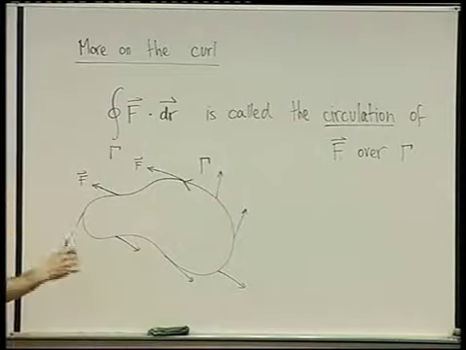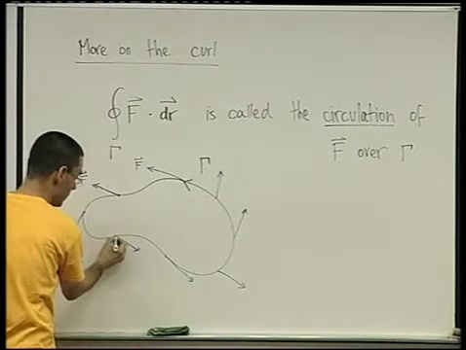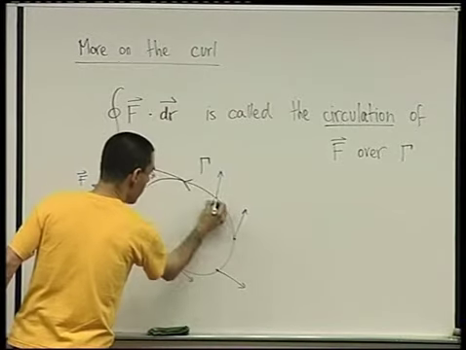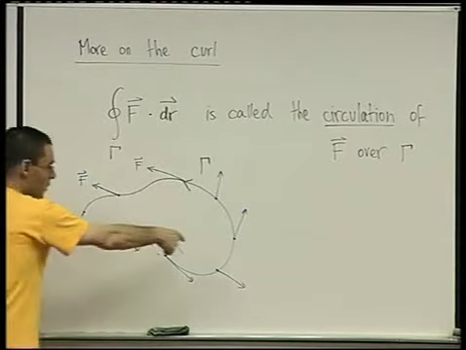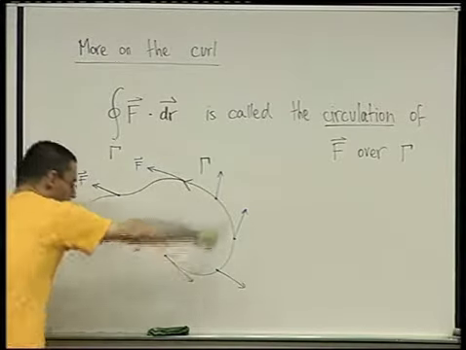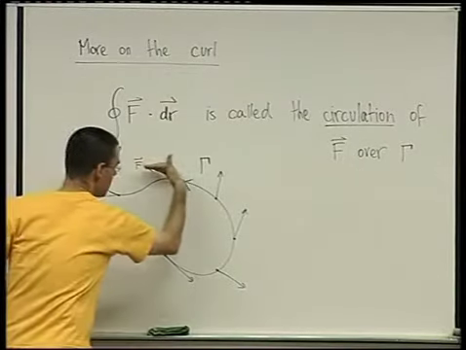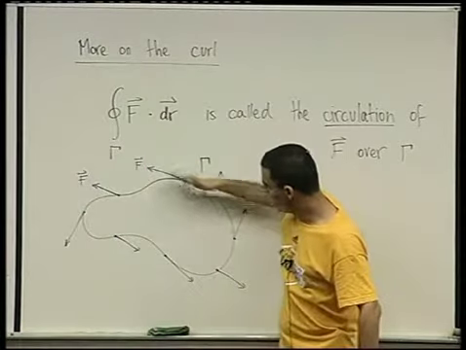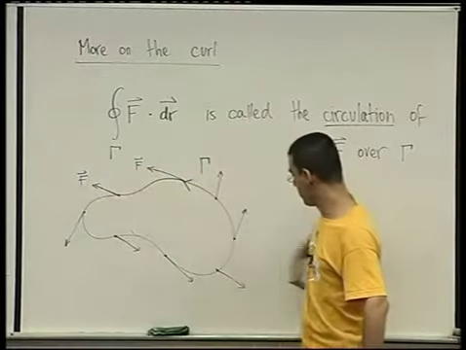F can be defined everywhere, but at points on the curve, suppose it looks like this. This is the direction of the flow of the water. Then if you think of this curve, water is circulating around this curve. Can you imagine that? Because the component of F in the direction of the tangent vector is non-zero at almost every point in this drawing.